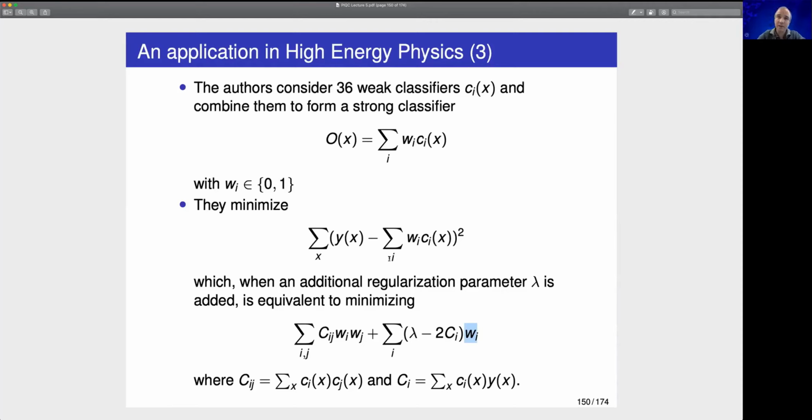So if you expand this and include this term, you obtain this expression here with these coefficients. It's easy to check, it's just algebra. And you see here that this is equivalent to an Ising model. Okay, so now we have, in fact, a QUBO formulation of an Ising model. So this is something that we can use with these quantum annealing computers, with these D-Wave quantum computers, and this is exactly what the researchers did.